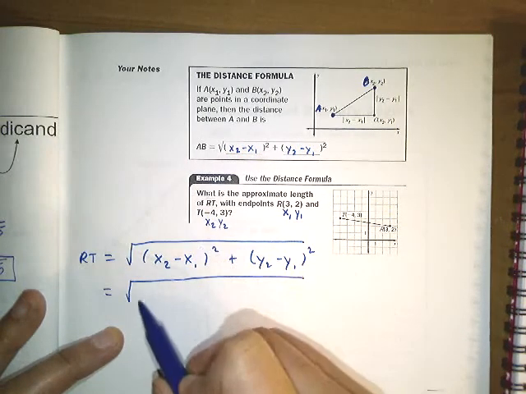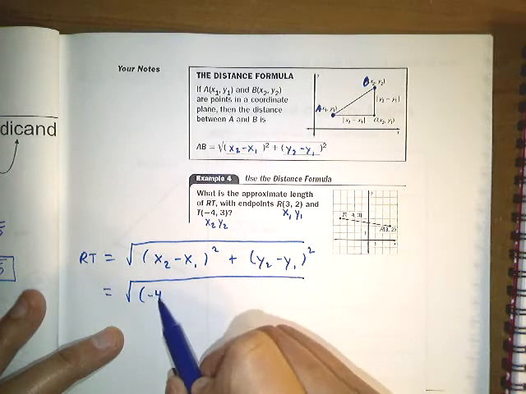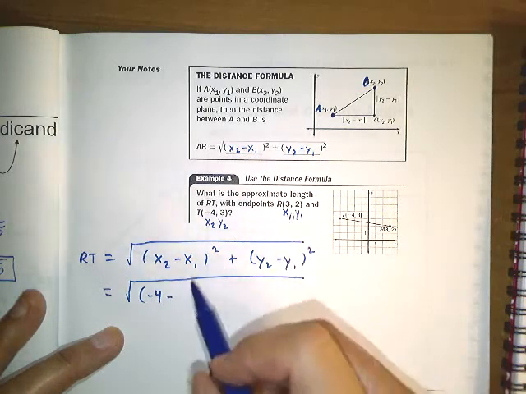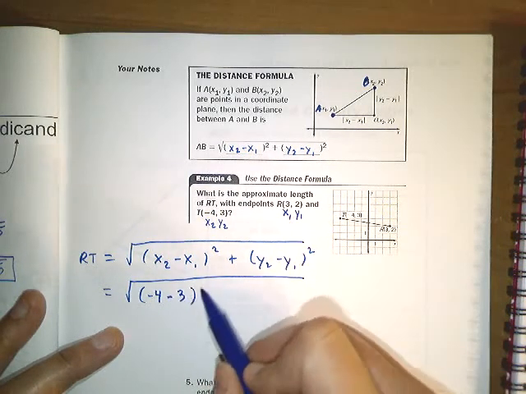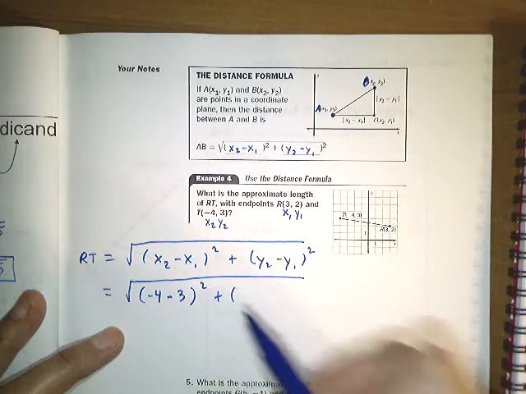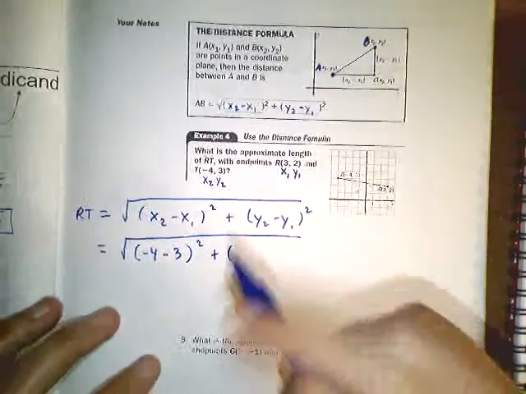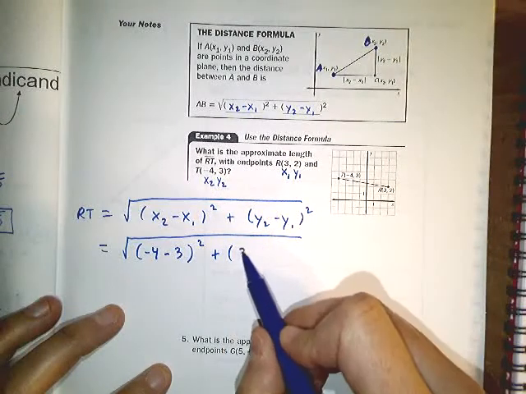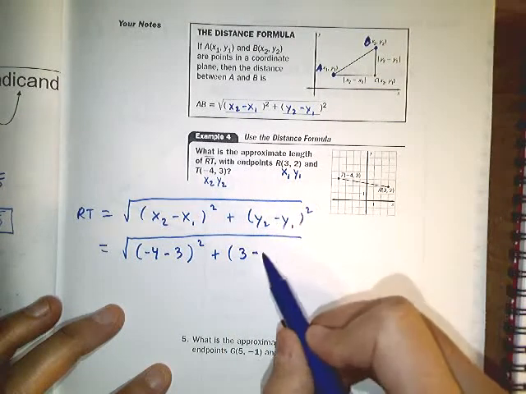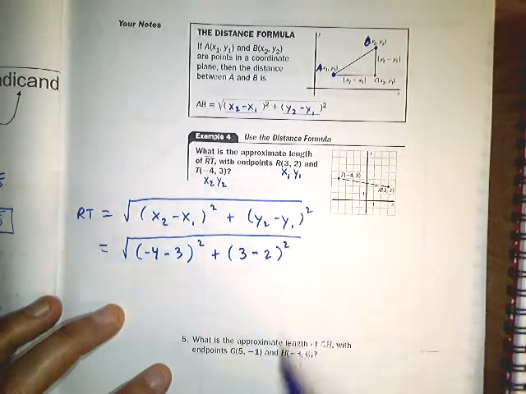Okay, x sub 2 is -4, and we're subtracting x sub 1, which is 3. Close parentheses, squared. y sub 2 is 3 minus y sub 1, which is 2. Close parentheses, squared.